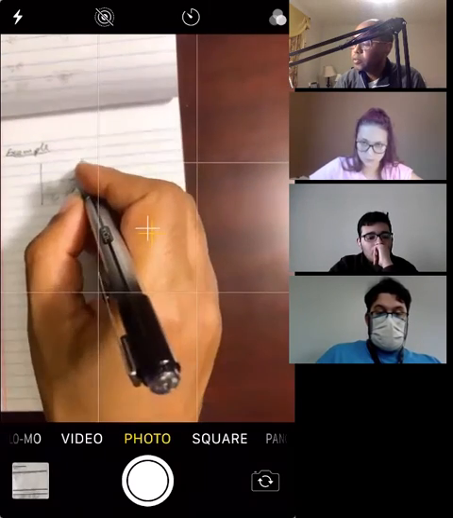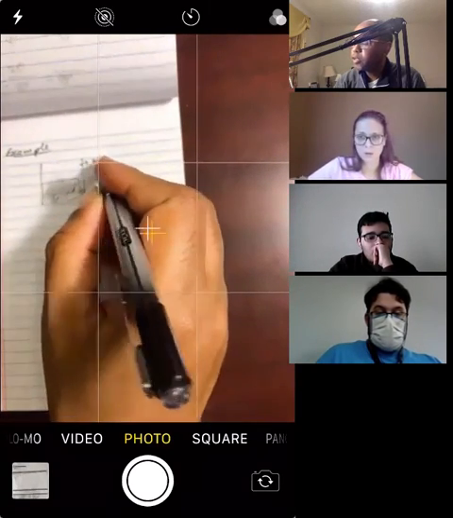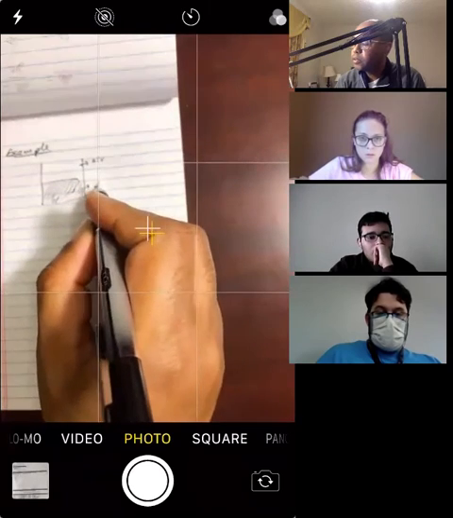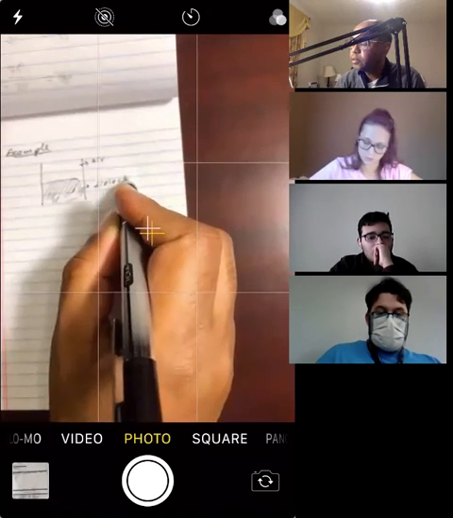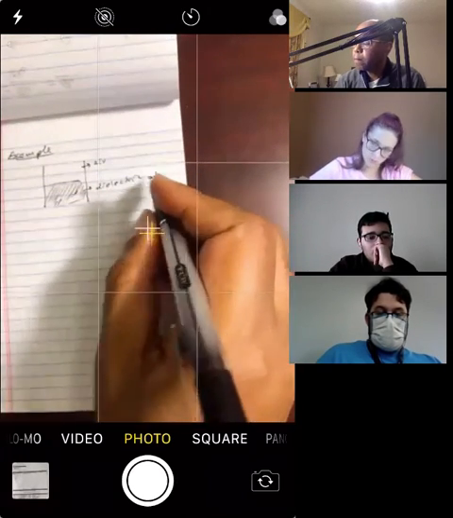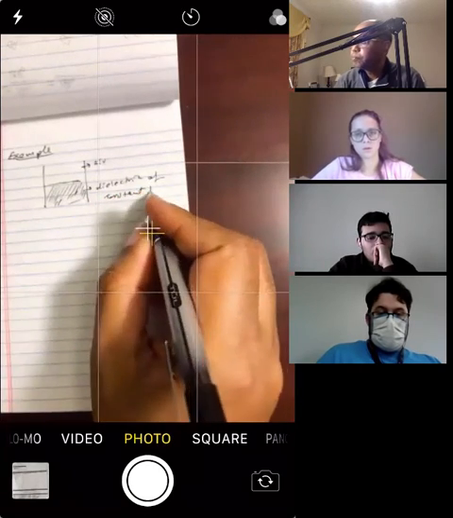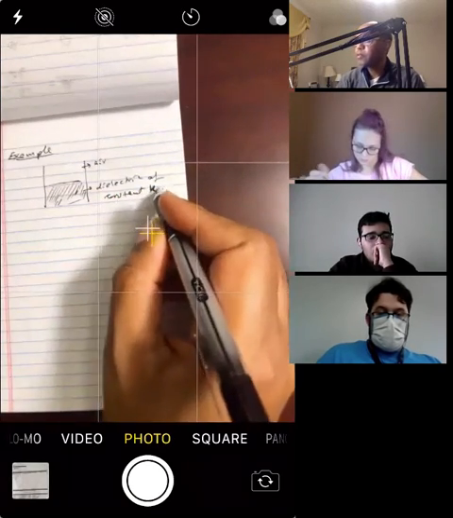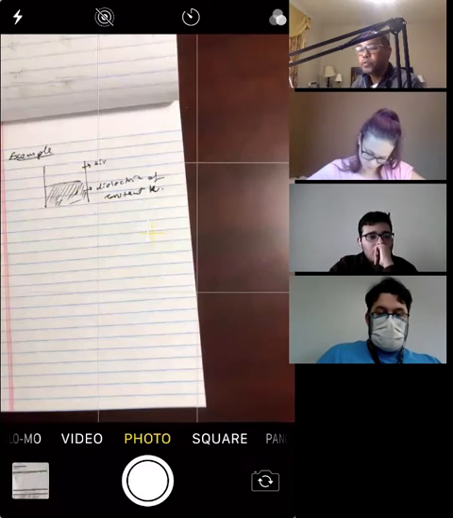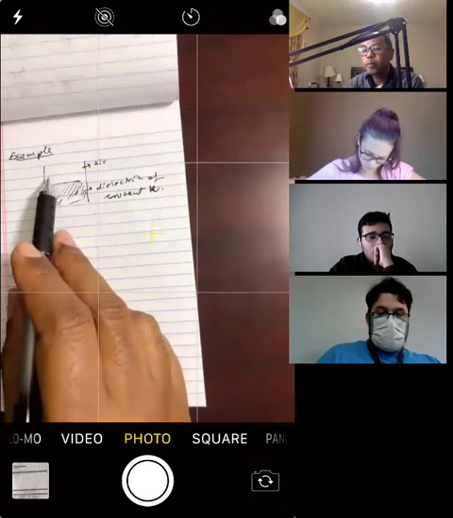So this one is air or vacuum, and this one is dielectric of constant kappa. The question is to find the capacitance of this capacitor.